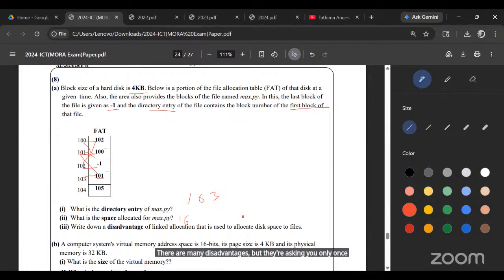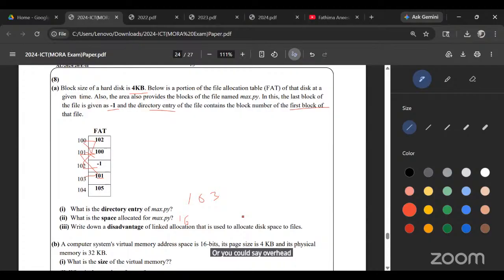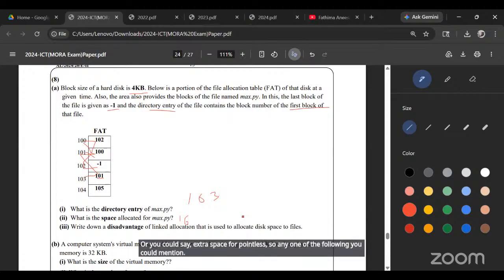So you could say slow random access, because the system must read every block in the chain to find a specific piece of data in the middle of a file. So the answer could be slow random access. Or you could say overhead in managing links and not suitable for indexed files, or extra space for pointers. So any one of the following you could mention, right?